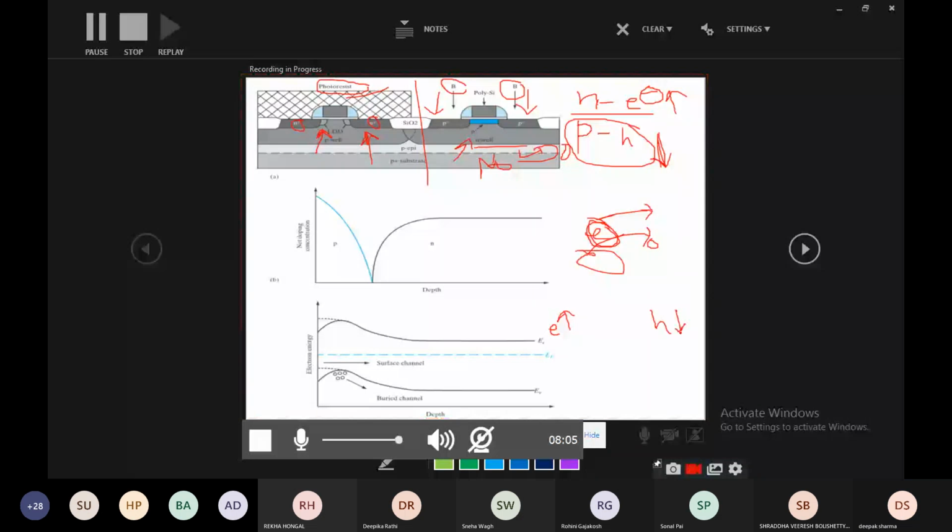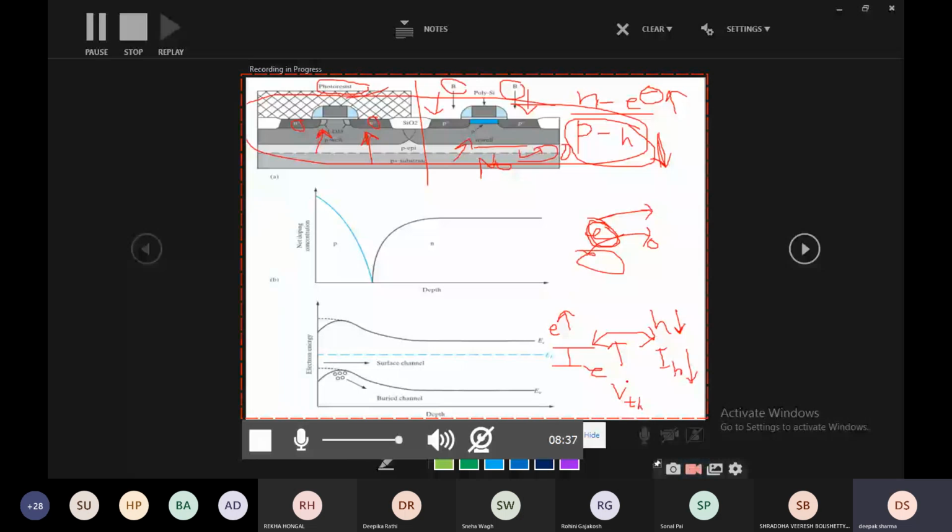That means the current due to electrons will be more because mobility is high, and the current due to holes will be less, correct? But when we are placing two transistors on the same substrate, this should not happen. If this happens, then there will be a difference in threshold voltage. What is threshold voltage? The voltage at which the transistor starts working, correct?